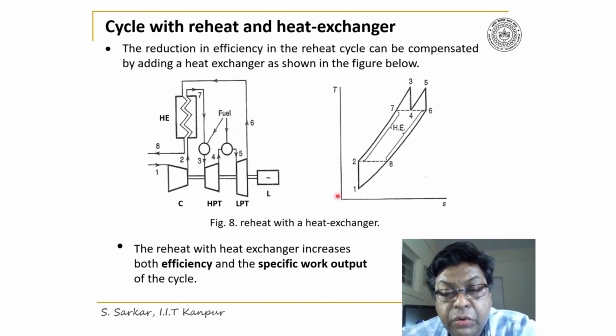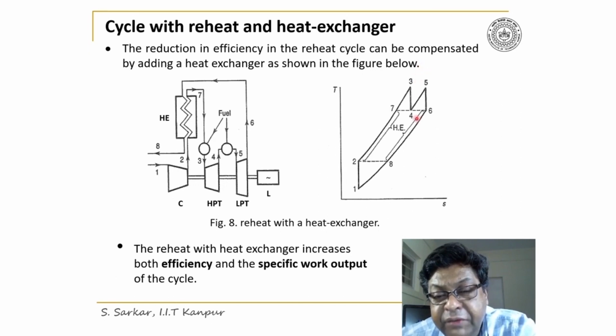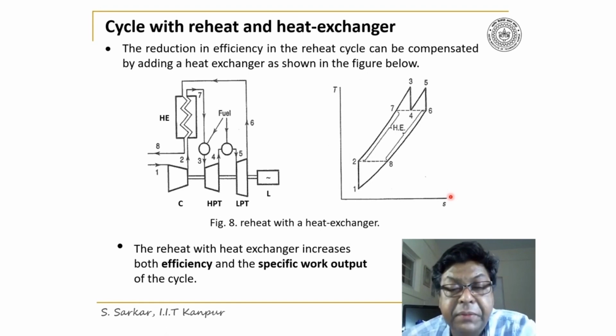In this case, 1-2 is the isentropic compression in the compressor, and 3-4 is the isentropic expansion of gases in the high pressure turbine HPT. 4-5 is the constant pressure heat addition in the reheater combustor, and 5-6 is isentropic expansion in the LPT turbine.